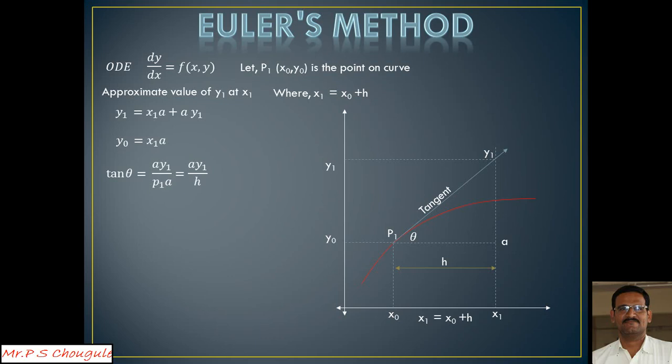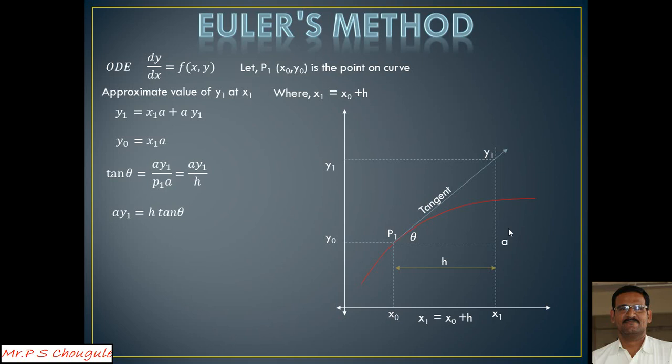So we can say tan theta is equal to Ay1 divided by P1A. Now here P1A means the step, so I can write Ay1 divided by h. By rearranging the terms, I get Ay1 is equal to h tan theta.